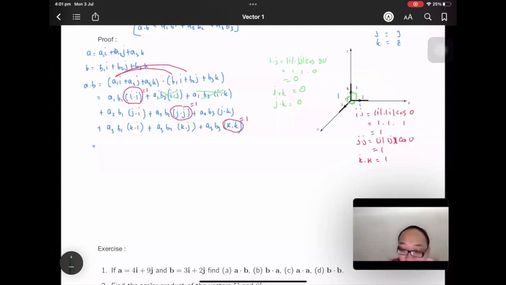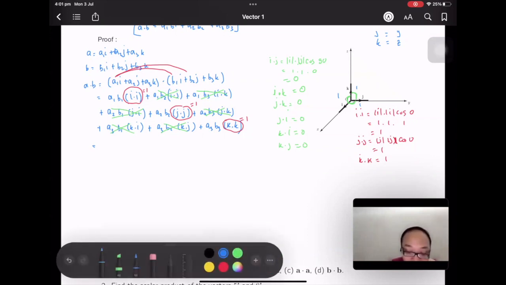And because the dot product is commutative, j dot i is also 0, k dot i is also 0, and k dot j is also 0. So we can cross these out.